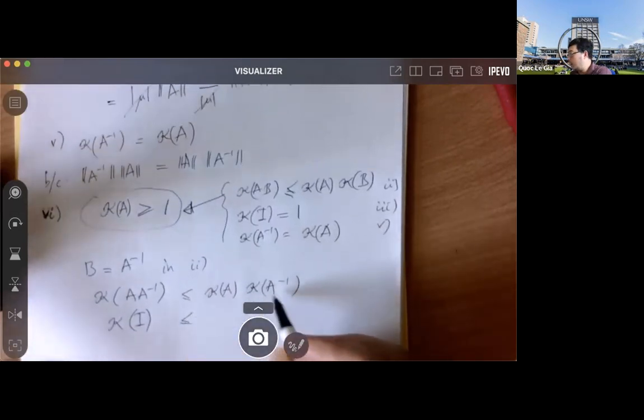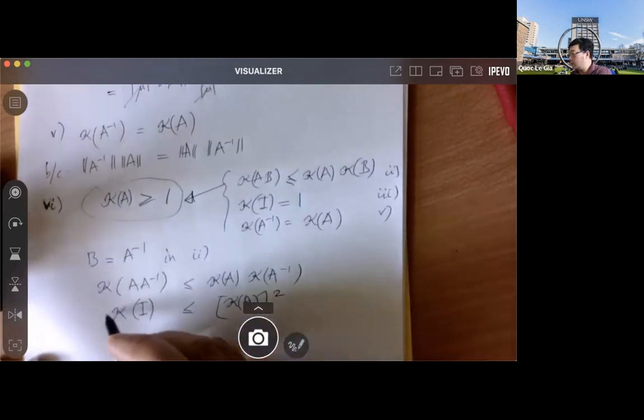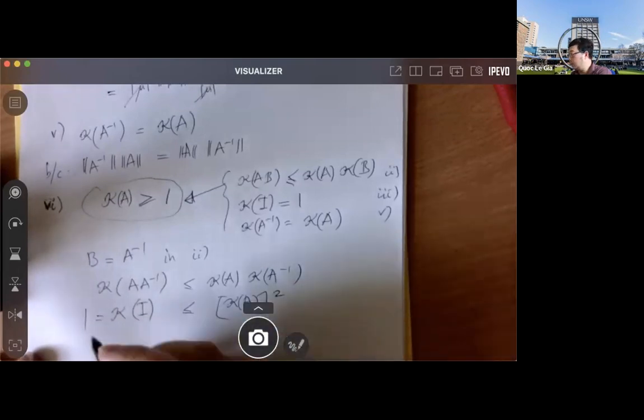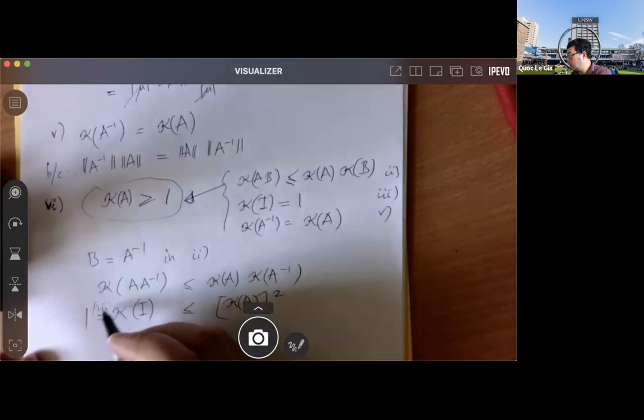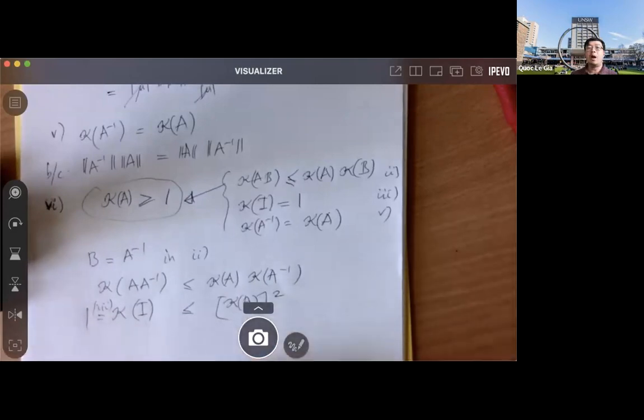And kappa A and kappa A inverse are the same. So this one is just kappa A squared. Now you have kappa A squared greater or equal to 1, by property 3. So therefore, take the square root, then the condition number is always greater or equal to 1. So if you have a numerical computation that gives you a condition number less than 1, then there's something wrong. So the condition number of a matrix is always greater or equal to 1.